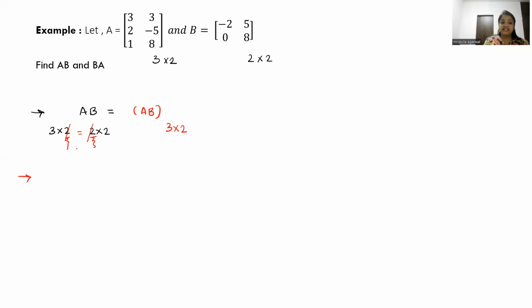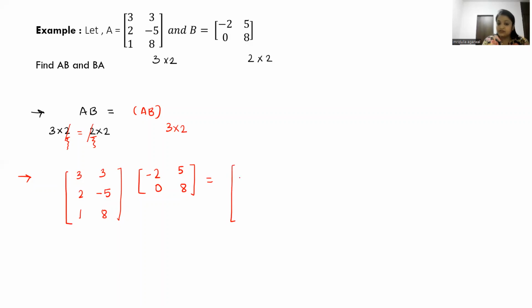First let us write the matrix A. Do not ever change the position. The position of A is first, so it is 3, 2, 1, 3 minus 5, 8, and for B it is minus 2, 0, 5, 8. As we got the dimension of the resultant, we'll place that first over here.